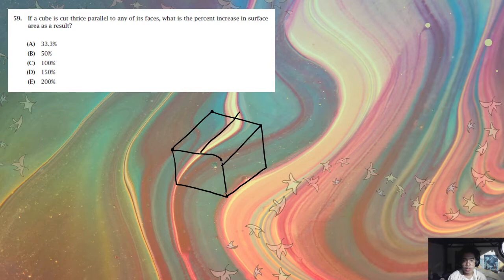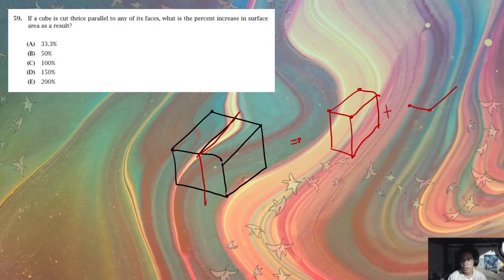This is gonna be the first division. Let's try to use a different color. This is our first division, and that would initially give you two cuboids: the first cuboid plus the second cuboid.